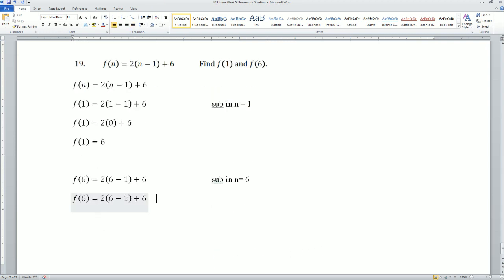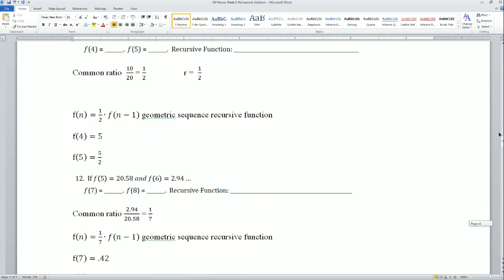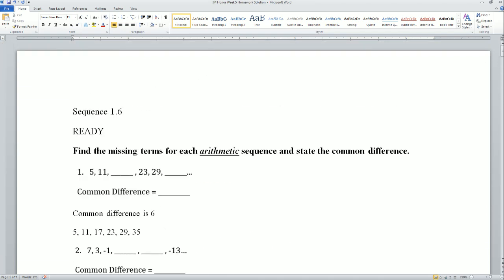What is 6 minus 1, which is equal to 5? 2 times 5 is 10. Plus 6 is 16. So there you go. Function of 1 here is 6. Function of 6 here is 16. Those are all your answers for the sequence of 1.6.